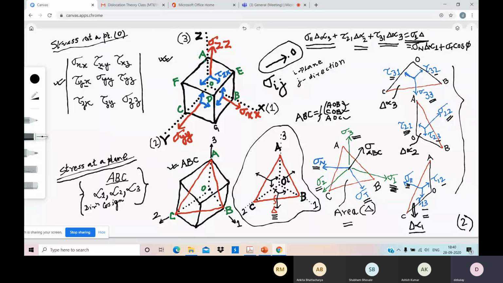So the stresses acting on the three facial planes will actually contribute to the resultant stress acting on the inclined slanted plane, as I said.